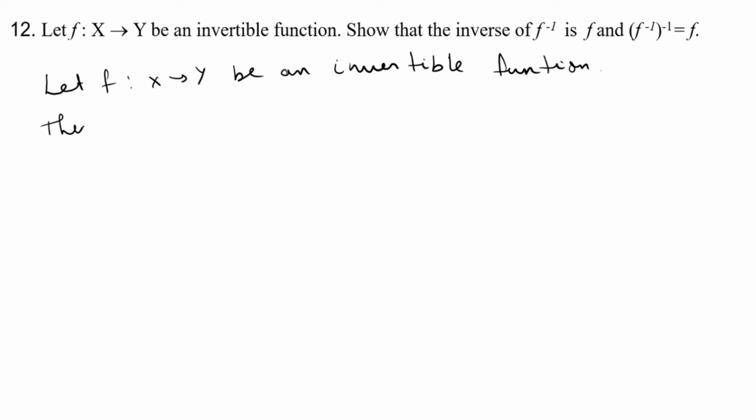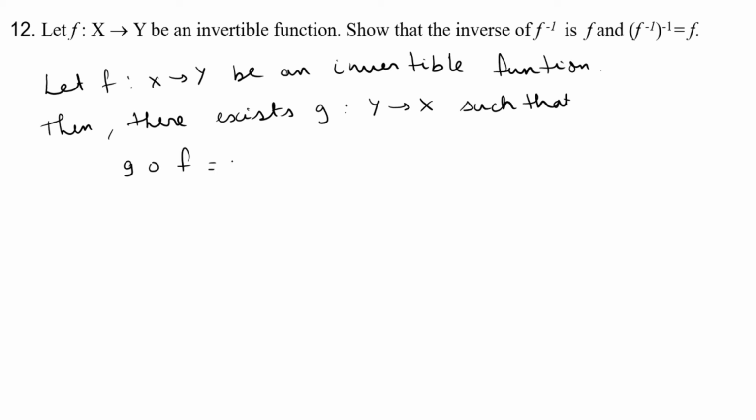Then there exists a function g from Y to X such that g of f is equal to the identity function in X and f of g is equal to the identity function in Y. So here we have f inverse equal to g.